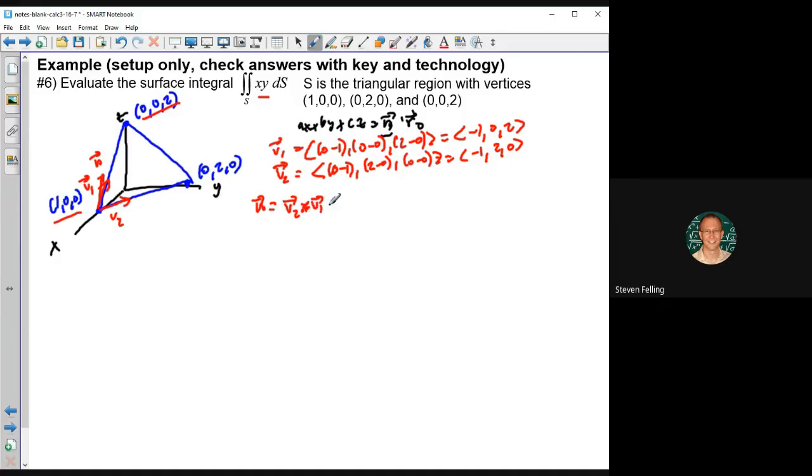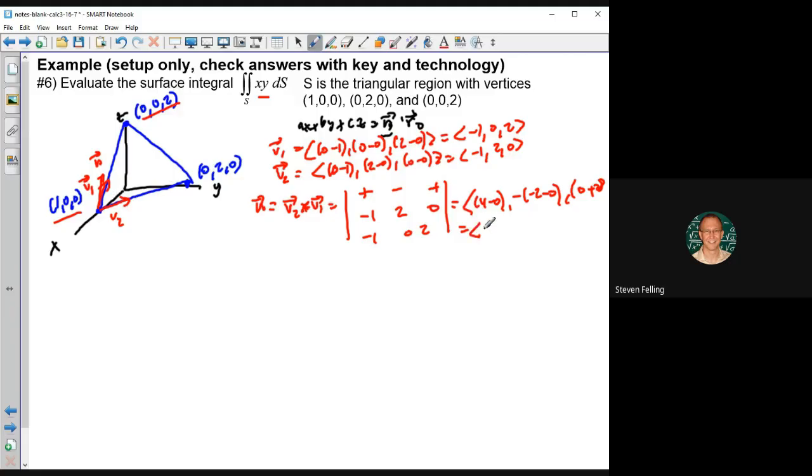Okay, so I've got my plus minus plus. I'll put the v2 vector in first, -1, 2, 0, and then -1, 0, 2. And so now, this is going to be 2 times 2 is 4, minus 0, the negative of -2, minus 0, and then 0 minus -2, so plus 2.